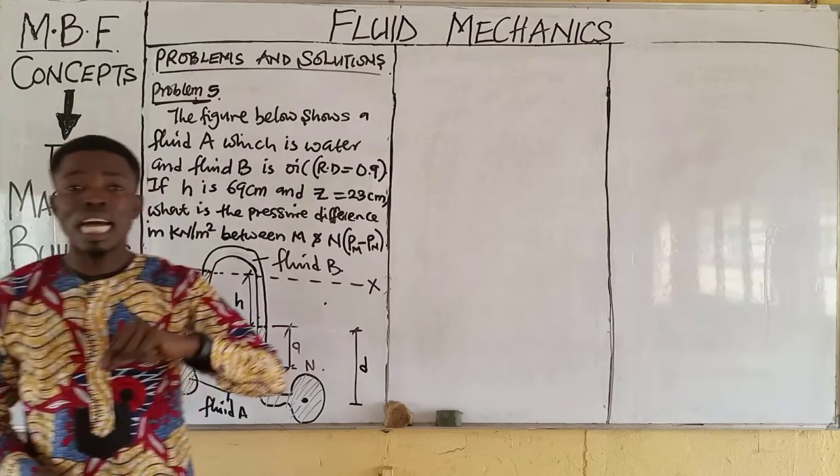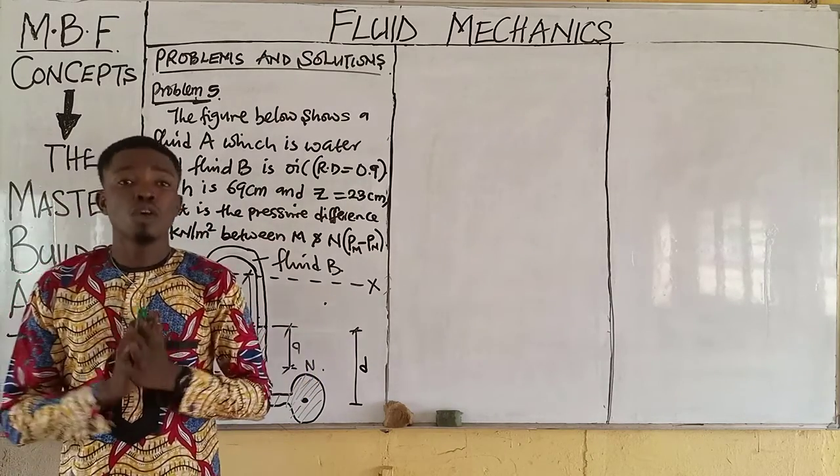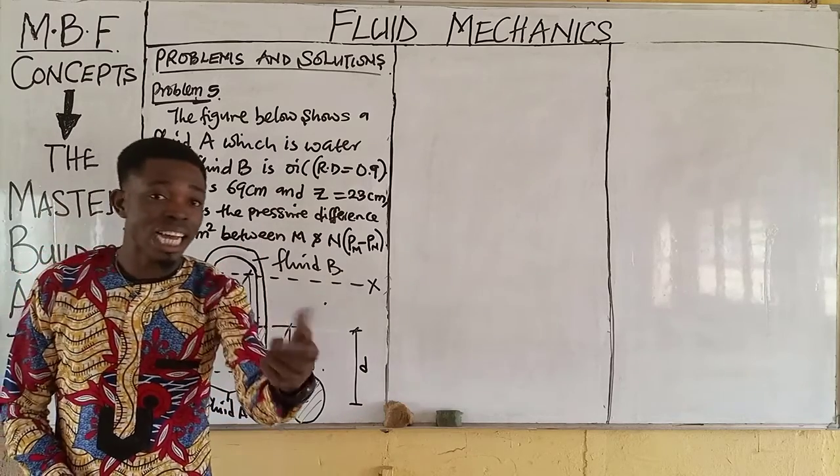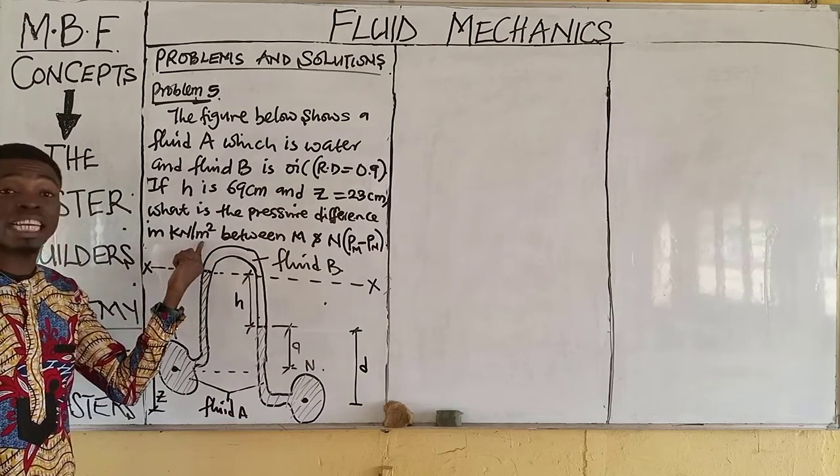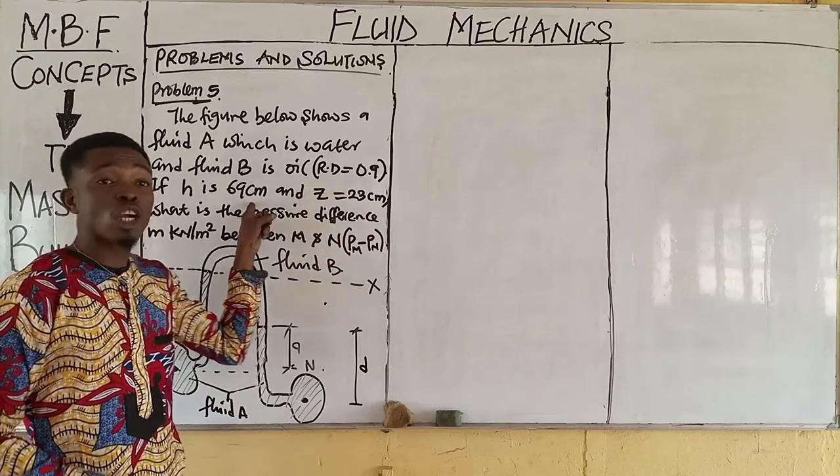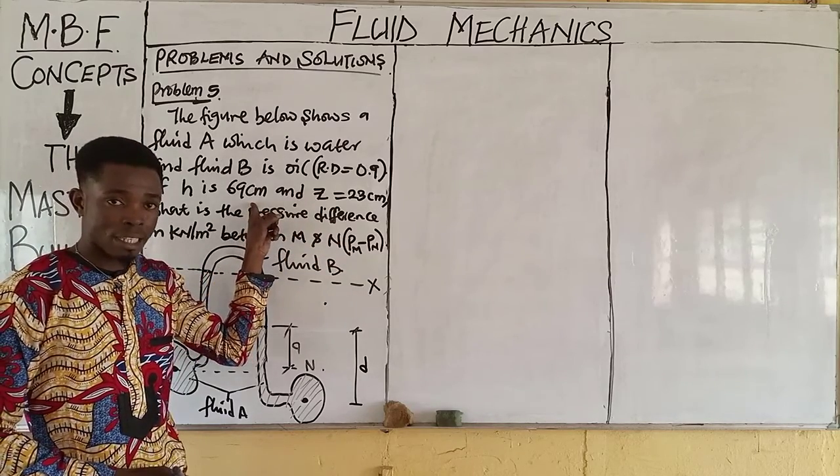We equally know that it is impossible for us to solve with centimeters. The question states that we should leave our answer in square meters, that is to say, we will convert these values to meters.